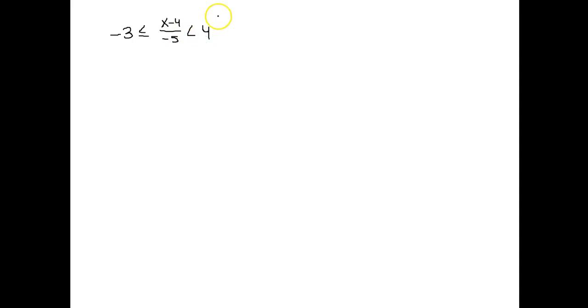Okay, a three-part inequality. What this is essentially the same thing as is saying that -3 is less than or equal to (x minus 4) over -5, and (x minus 4) over -5 is less than 4.